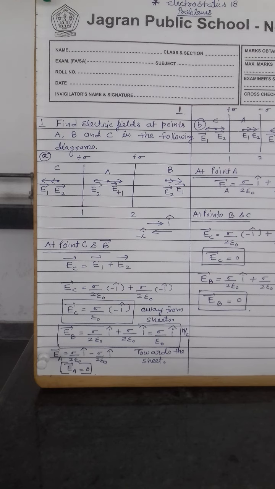So both E1 and E2 are opposite to each other, as well as they are equal to each other. So they would cancel out and electric field at point A would be 0. Mathematically you can see EA is equal to sigma upon 2 epsilon naught I cap minus sigma upon 2 epsilon naught I cap gives you EA is equal to 0.